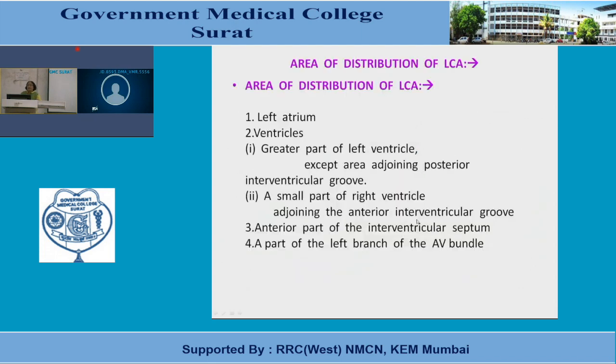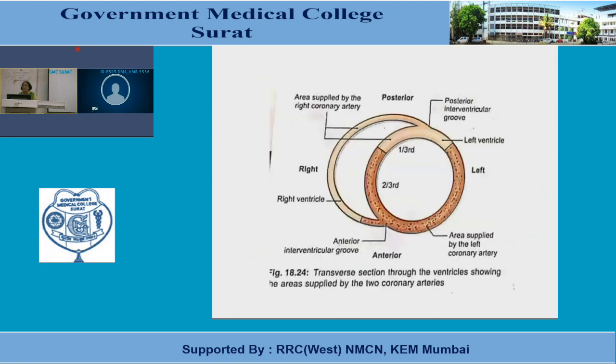Again, the area of distribution of the left coronary artery, like the right coronary artery, we have seen in the diagram. The main area of distribution of the left coronary artery is the left atrium, then the ventricles, right and left, the greater part of the left ventricle except the area adjoining the posterior interventricular groove. This is the posterior interventricular groove.